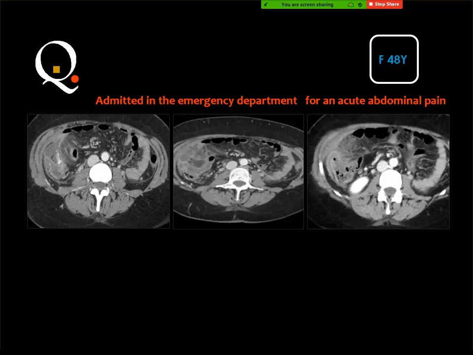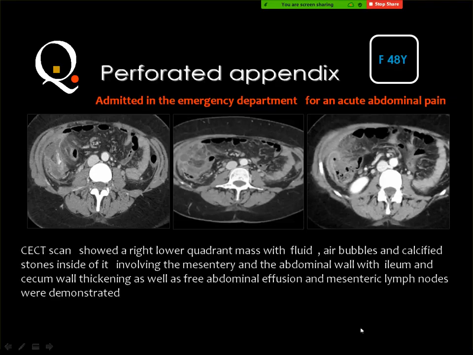Complicated appendicitis by perforation. Yes, and this is a perforated appendix with the formation of a periappendicular multilocular abscess containing air loculi, as well as stranding of the fat with the appendicolith inside.